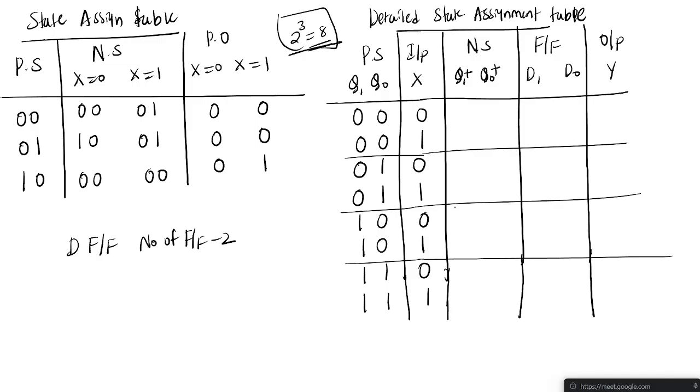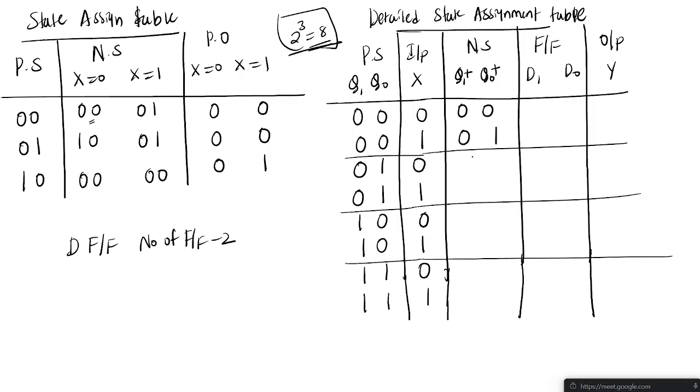Now you see. Present state is 00. What is the next state for input 0? 00, no? Present state is 00. For input x equal to 1, what is the next state? 01. Okay. Present state is 01.